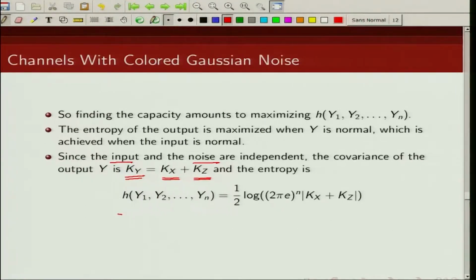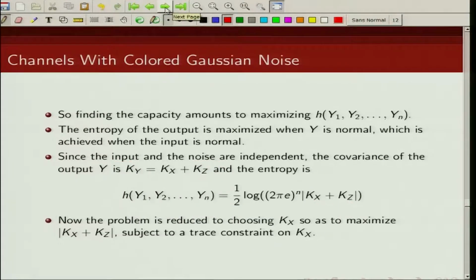So differential entropy of y1, y2, y3, yn can be written as half log of 2 pi e raised to power n, and determinant of the covariance matrix of the input plus covariance matrix of the noise.